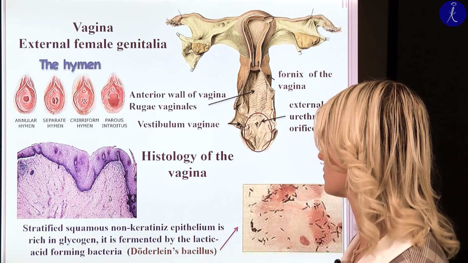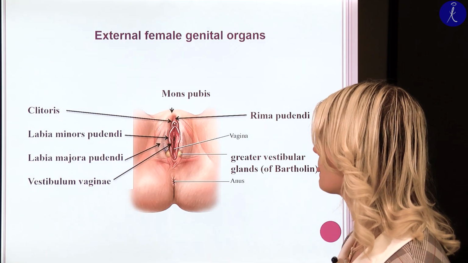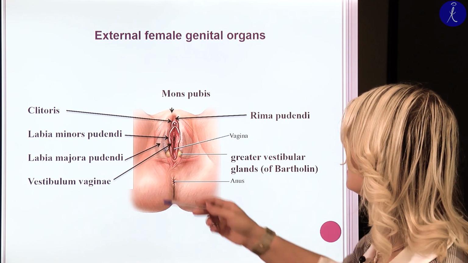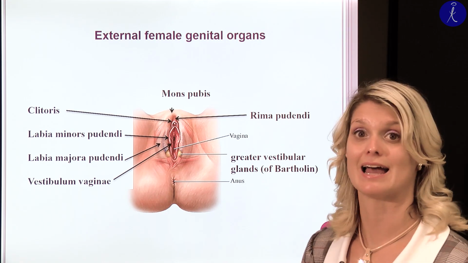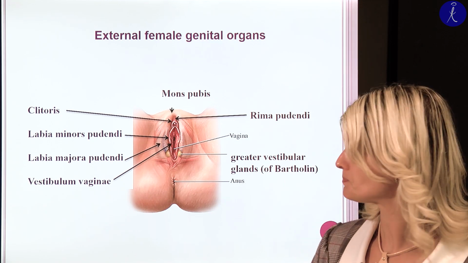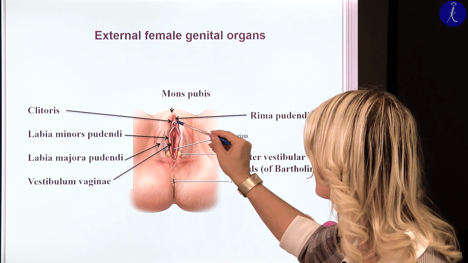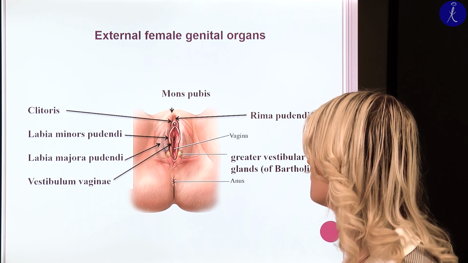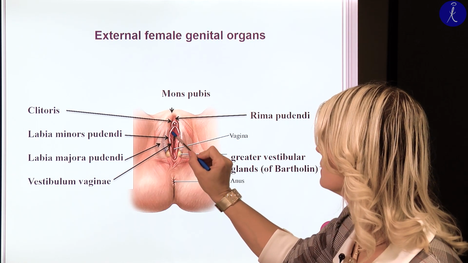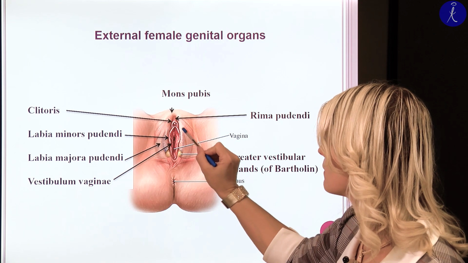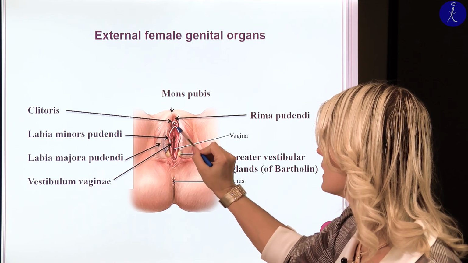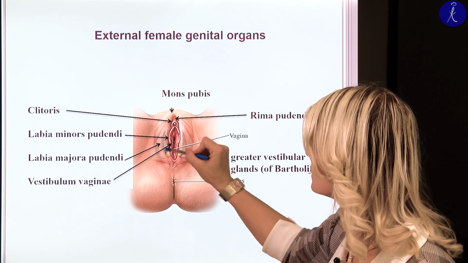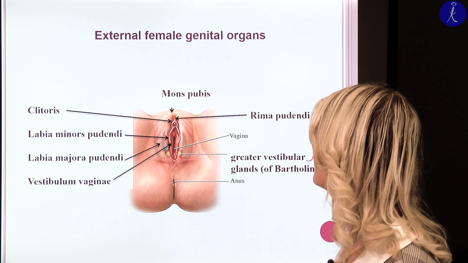And finally, in this picture you can see the structure of the external genitalia. In the middle we can see the vestibule of the vagina, which is bordered by the labia minora pudendi, and the labia majora around.